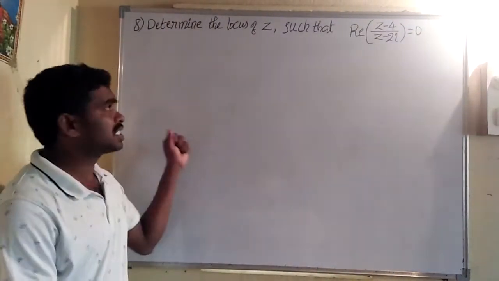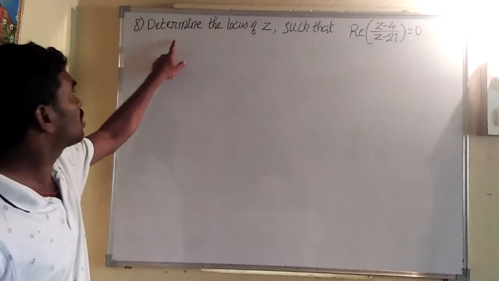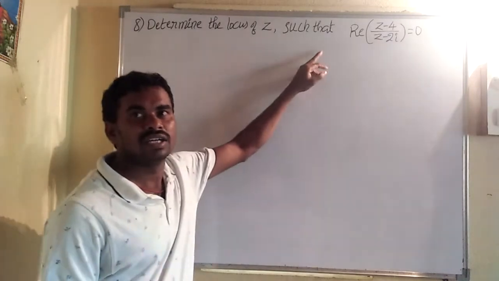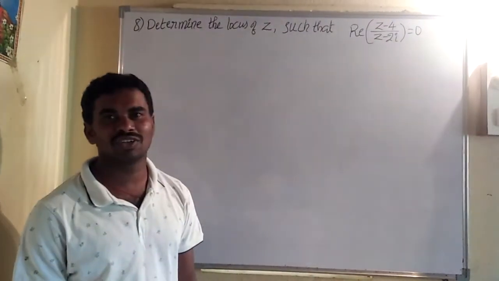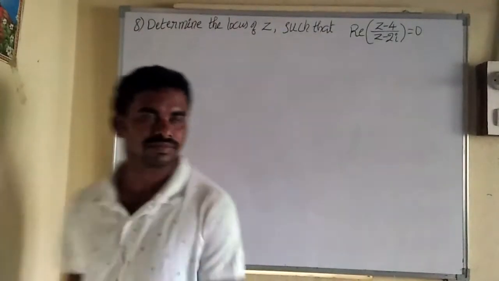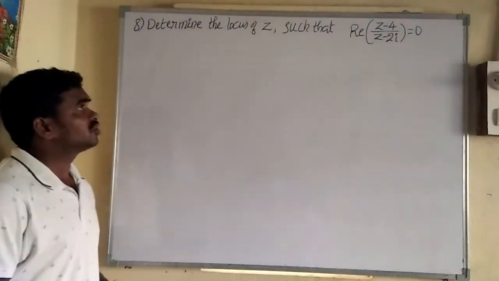Okay. Let us see the same kind of next question. Eighth one. Determine the locus of z such that real part of z minus 4 by z minus 2i equals 0. Okay. This one, so how to solve?